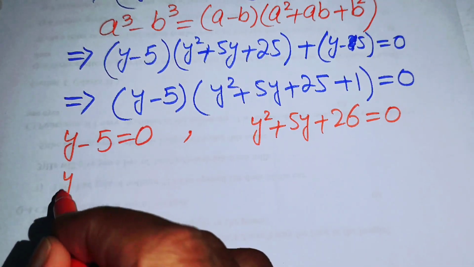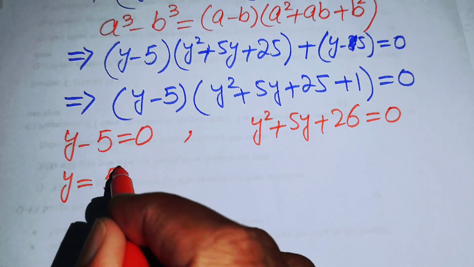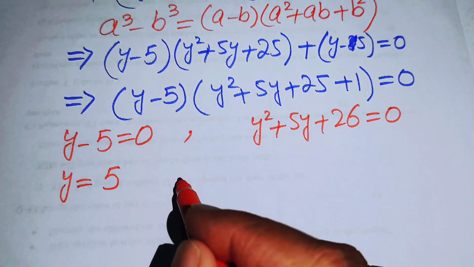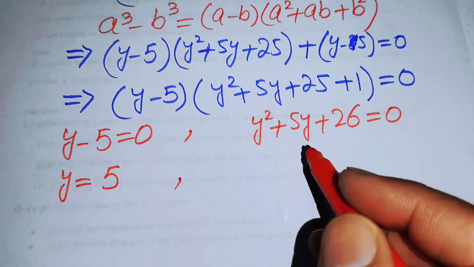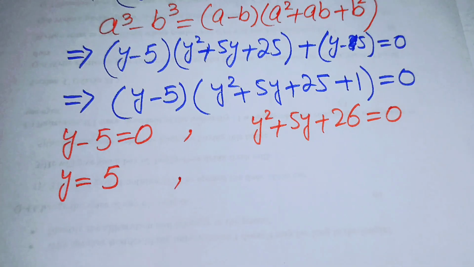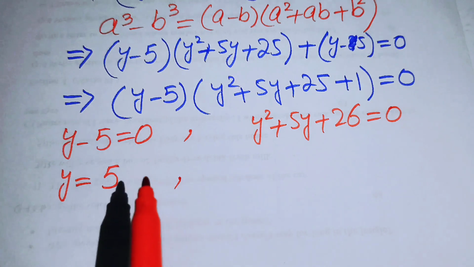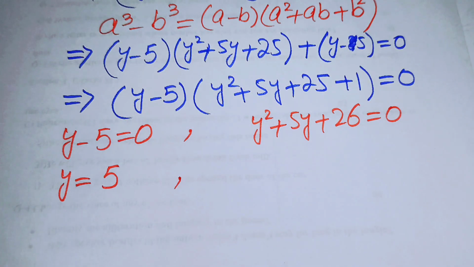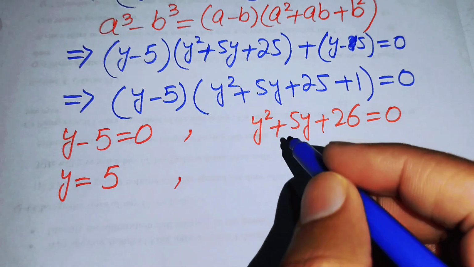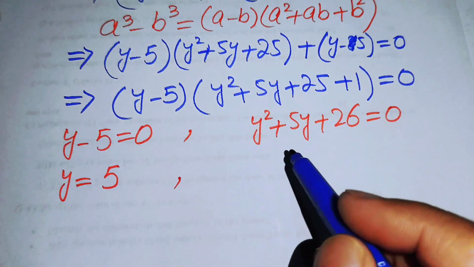So here you get the value of y is 5, and similarly here you first check whether this quadratic equation has real roots or not, because in this problem we need to find the real roots. So first I will check this by using the discriminant formula.